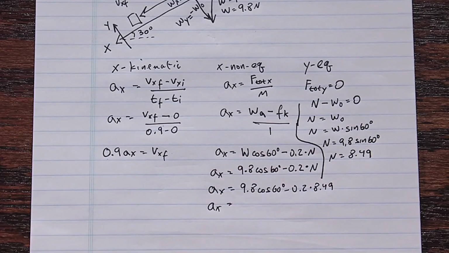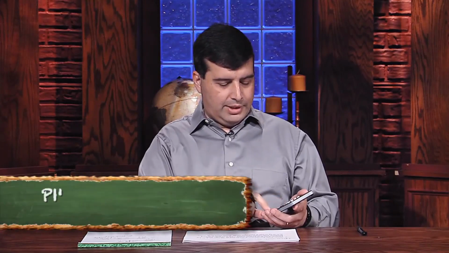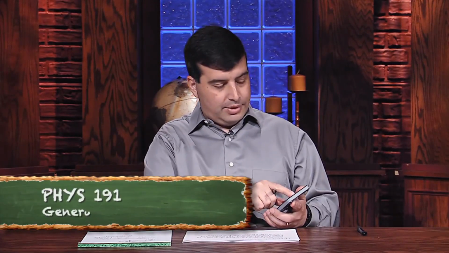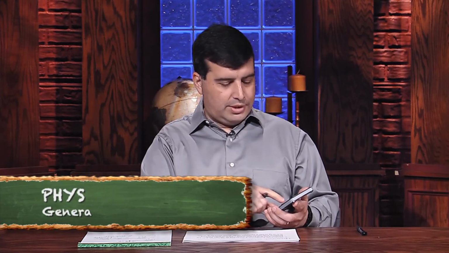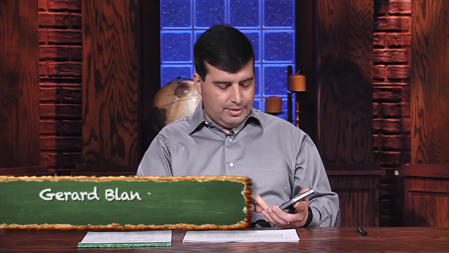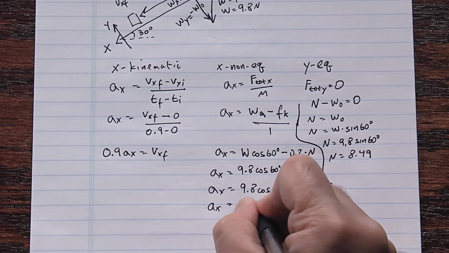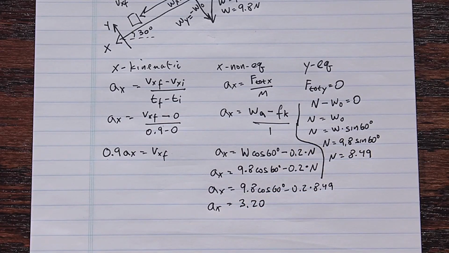That will give us Ax. 9.8 times cosine of 60 minus 0.2 times 8.49. That gives us an acceleration of 3.20 meters per second squared.